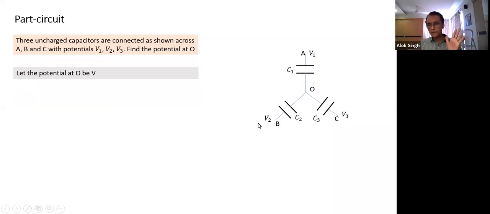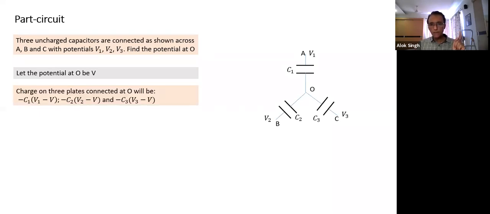Again, let me repeat the point. Let the potential be V. Then the charge on the three plates connected to O, regardless of whether V is higher or lower, will be, for the first plate, minus C1 into (V1 minus V). It doesn't matter what the relative values of V1 and V are.